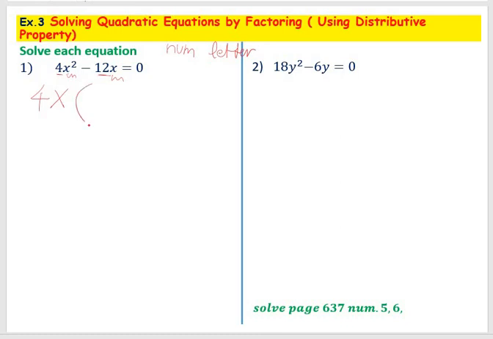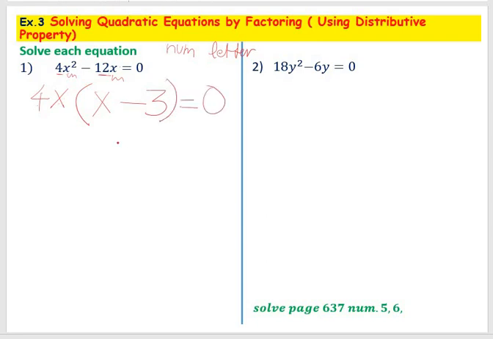Then I open a bracket. I write the rest of the problem here inside this bracket. So this will give me 4x squared divided by 4x. This will leave me with x. Minus 12 divided by 4 is 3. And x divided by x is 1.